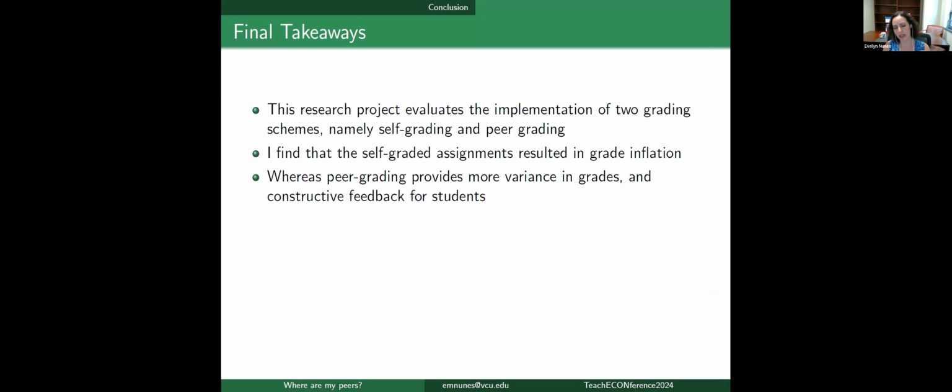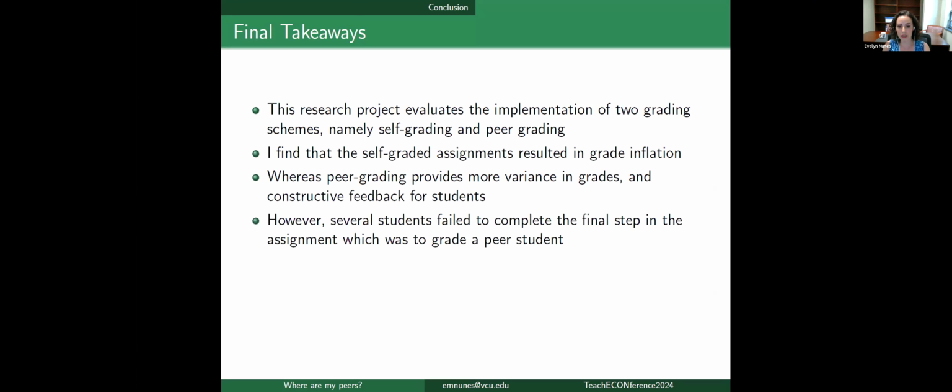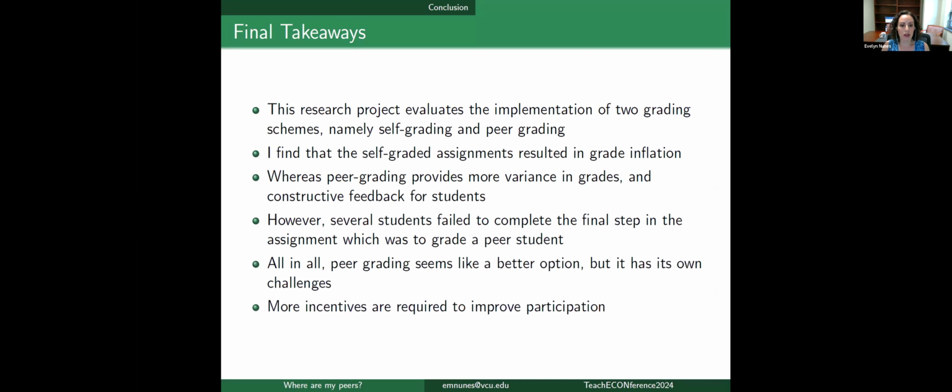The grades were probably more accurate, but I had the issue that a lot of students did not grade the peer, which reduces the effectiveness of this type of assignment. So overall, I think peer grading is a better option versus self-grading, but it has its challenges, and the incentives for this type of assignment need to be well defined to improve participation.